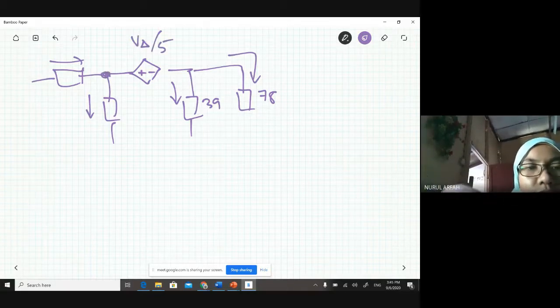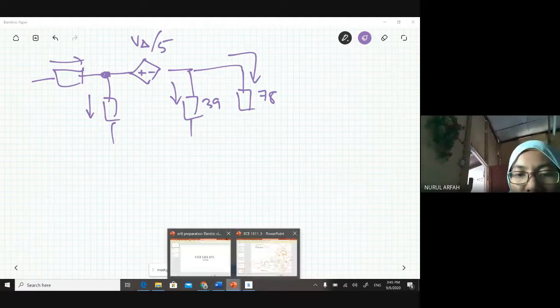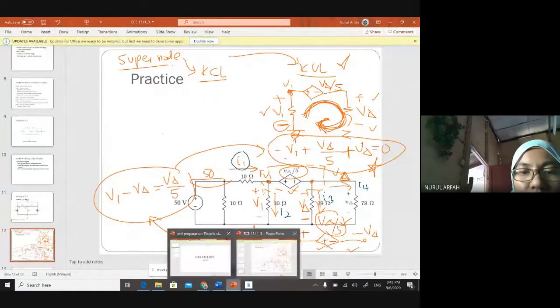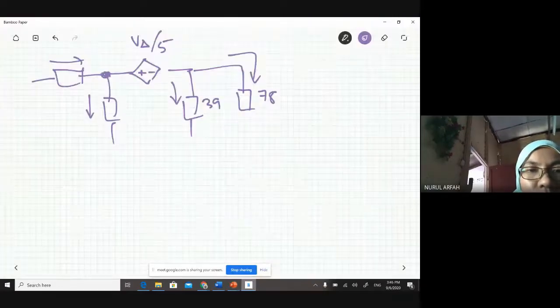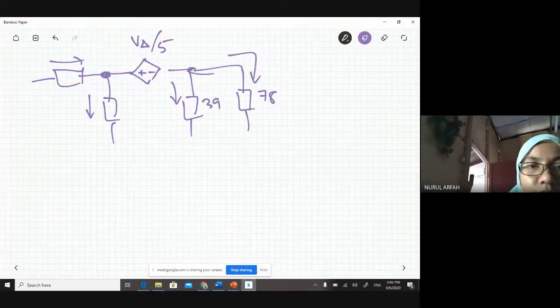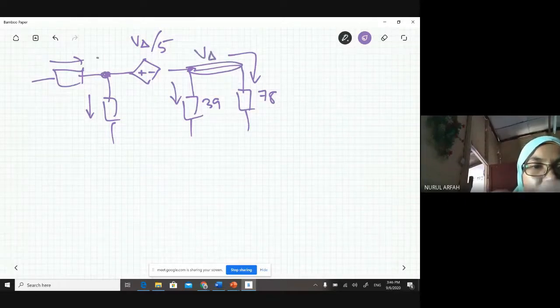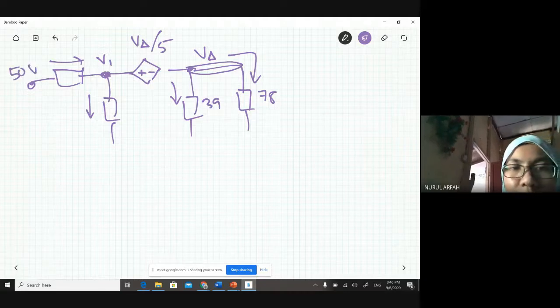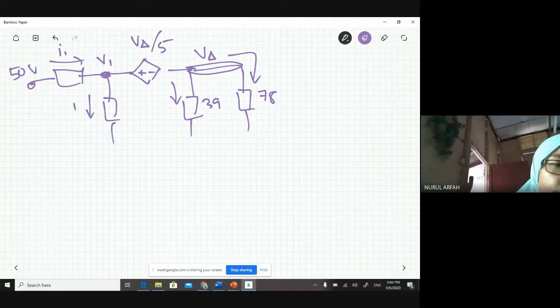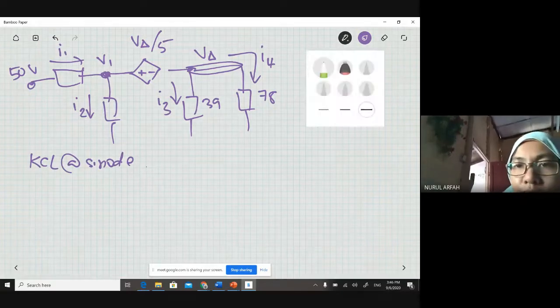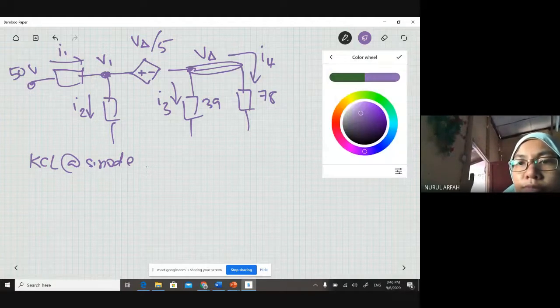And this is V1, and V delta. This is our V delta. This is our V1. And this is 50 volt. So you can name it I1, I2, I3, and I4. This is KCL at the supernode. By the way, there's a boundary for this. Let me change the color.